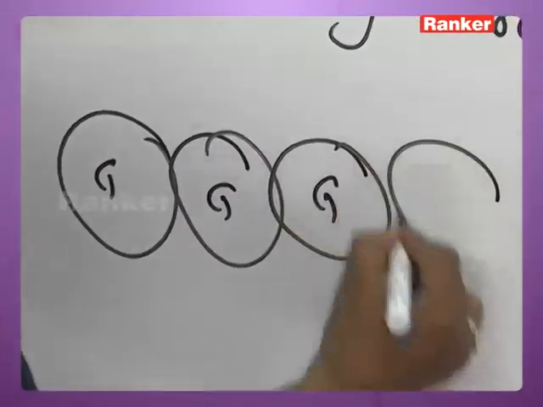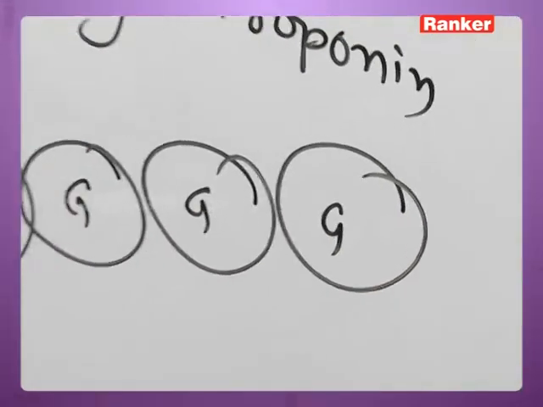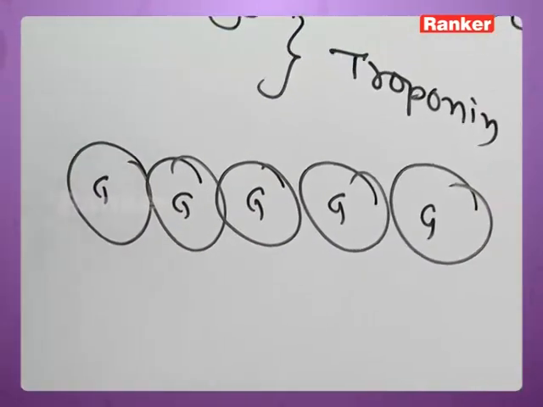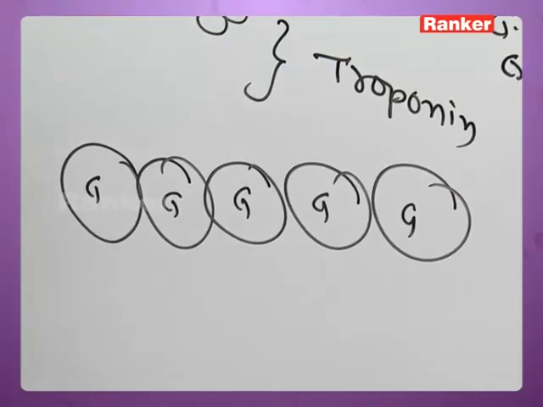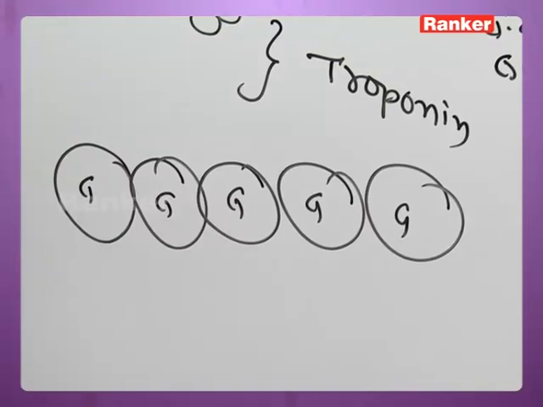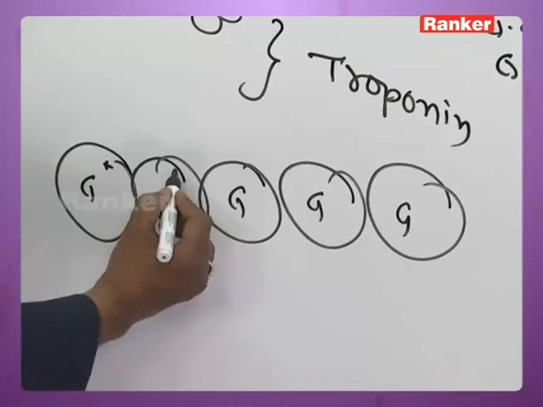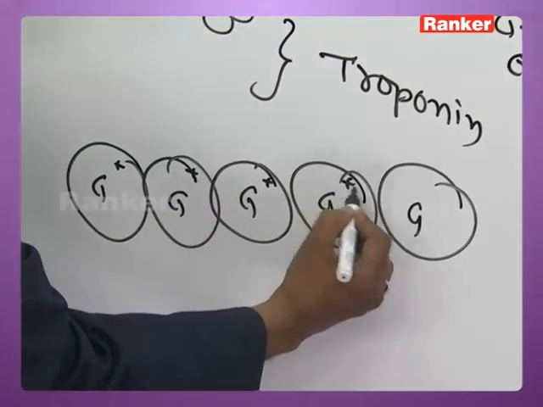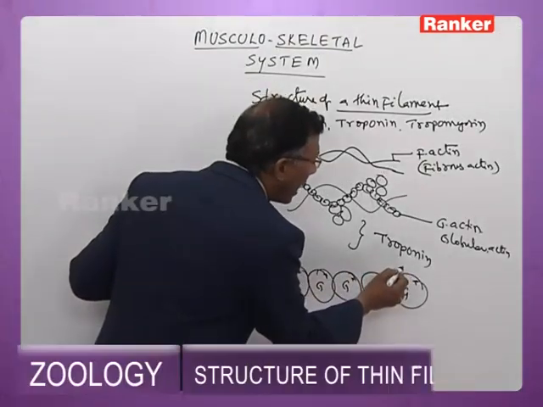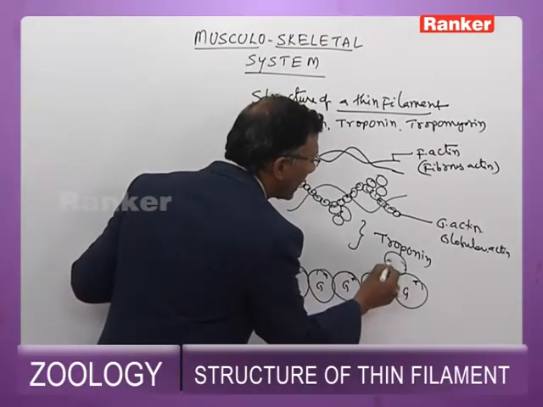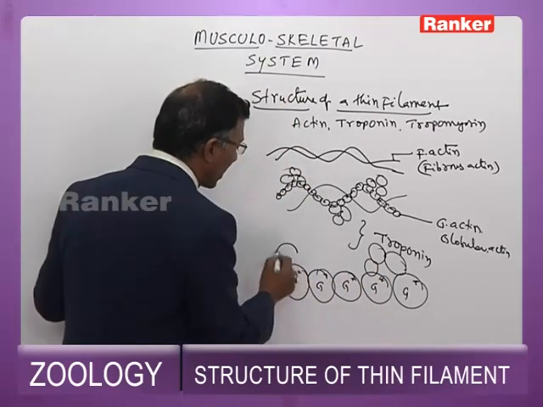There are several G-actin molecules. Several G-actin molecules come together to form F-actin. Then, as I made a mention earlier, each G-actin has got a binding site for the myosin head. At this point, it can come in contact with the myosin head. Then this G-actin is in contact with a trimolecular protein, as I made a mention earlier, like this trimolecular protein.